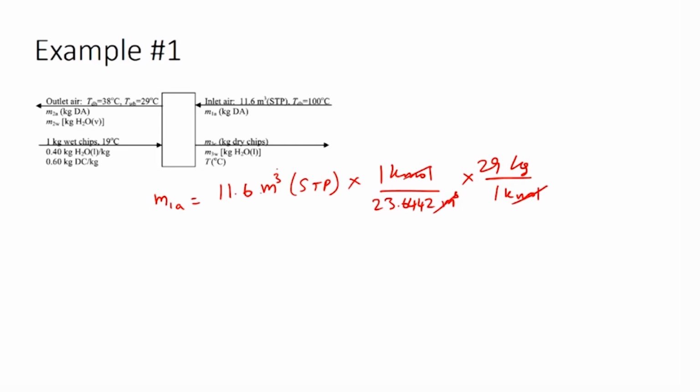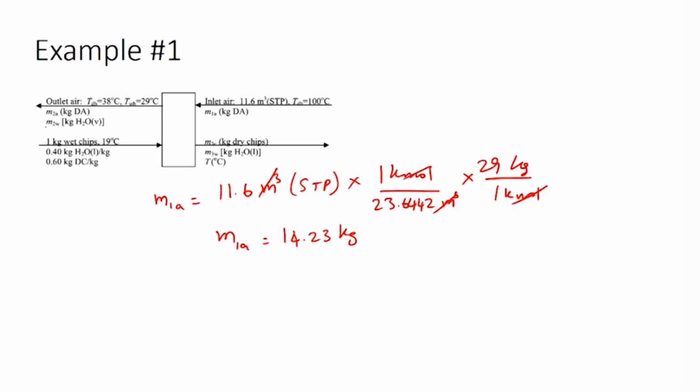This gets converted to mass, and we can calculate the mass of air entering as 14.23 kilograms. This is the mass of dry air which is entering at 100 degrees Celsius into the system. Based on simple material balance, the same amount of air would be leaving the system. So, M1A equals M2A, and the pure dry air leaving the system would still be the same.